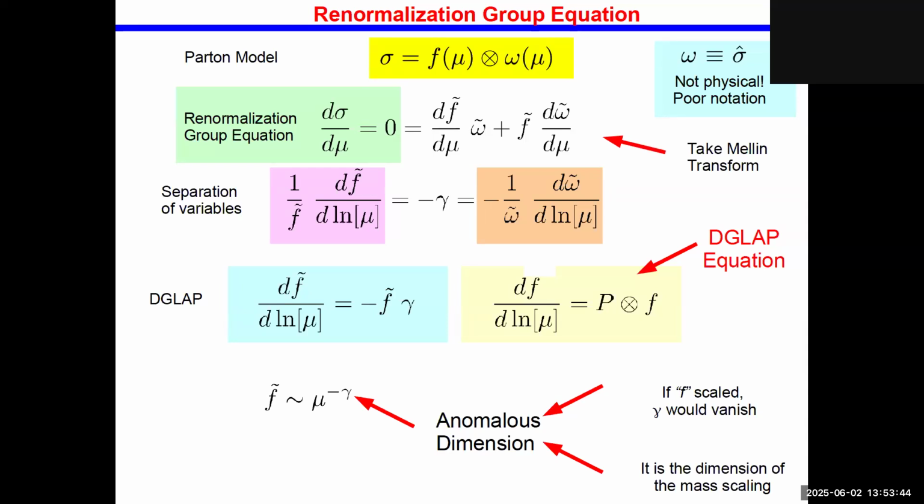But what's neat about this is that this hard scattering cross-section omega is something I can calculate from perturbation theory. This is non-perturbative, perturbative, non-perturbative. But because this is perturbative, I can calculate the separation constant. And because I know the separation constant, I know how this non-perturbative function changes with energy.